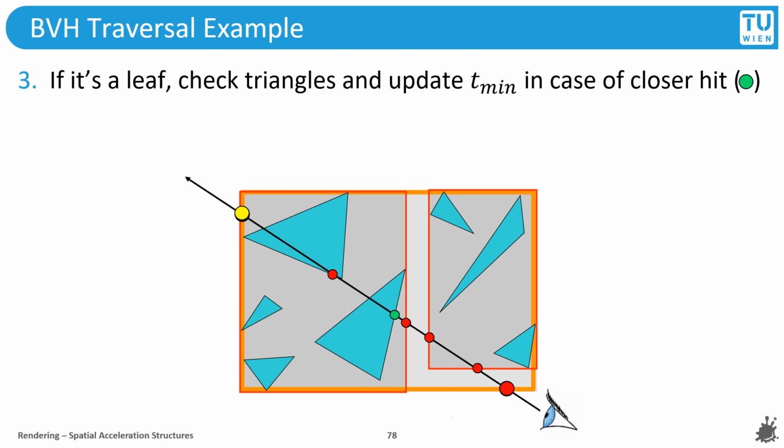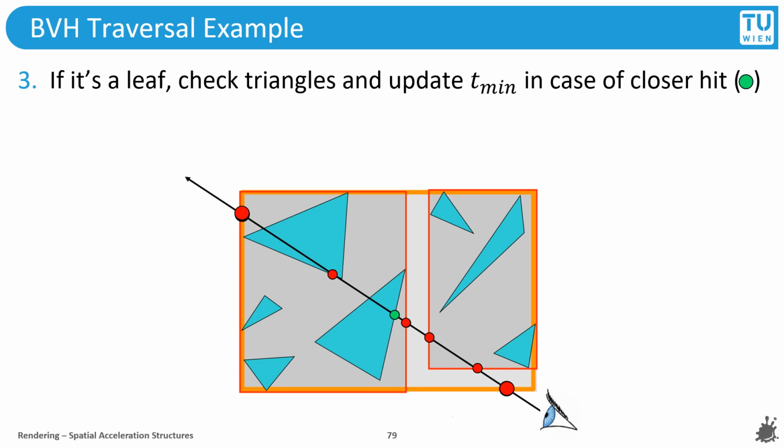As we continue iterating over the triangles in a leaf node, it is very possible that we find multiple intersections with our ray, but it is important to only update T min at any point in time where we find a value that is actually smaller than the one that we have already stored. Once we are done with the second child node, we exit it and in turn also exit its parent, the root node. And since there are no more nodes left on the stack to process, we simply terminate the traversal procedure.